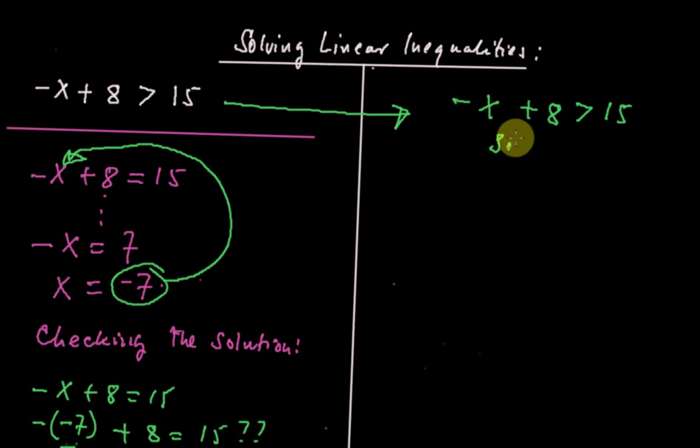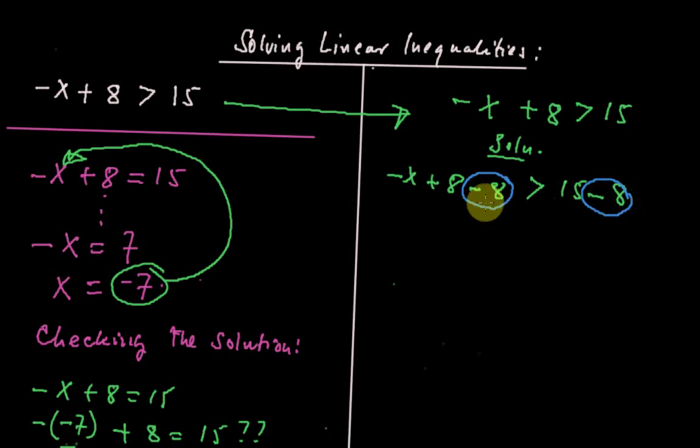So we have in our solution negative x plus 8 minus 8 is greater than 15 minus 8. We did this here, mind you. We took away, we have to take away as well. The same rules in one unknown equation apply to solving linear inequality.